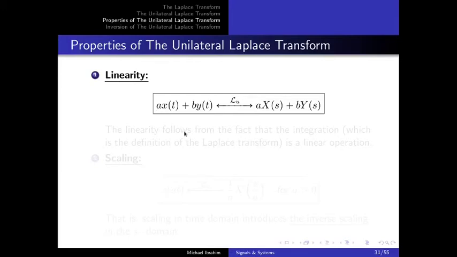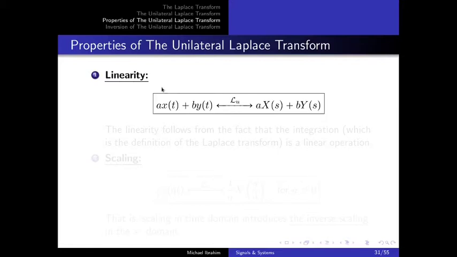So, in time domain, if we compose a new signal, which is basically a linear combination of x of t and y of t, the unilateral Laplace transform would also be a linear combination of X of s and Y of s, using the same constants. So, a x of t plus b y of t would give a transform a X of s plus b Y of s, which means the unilateral Laplace transform is a linear transform.